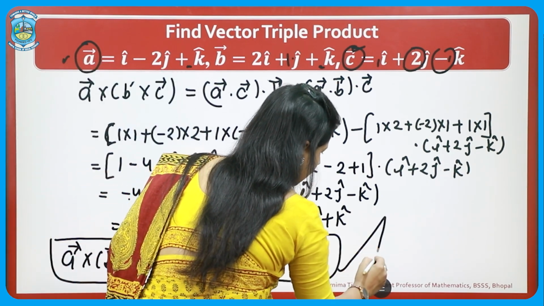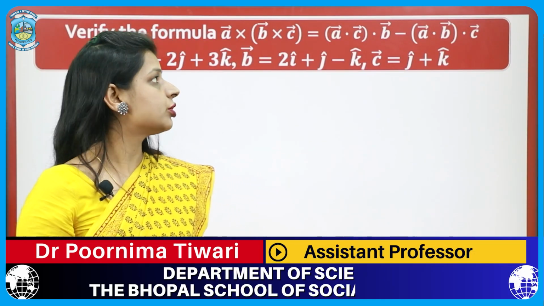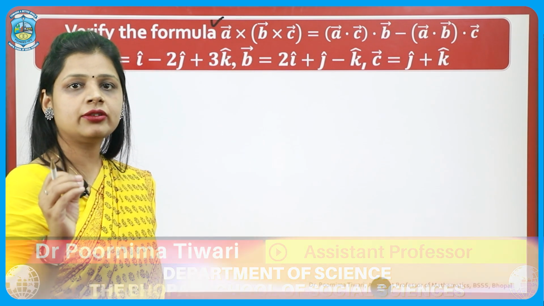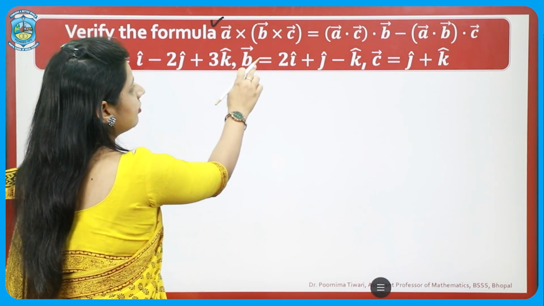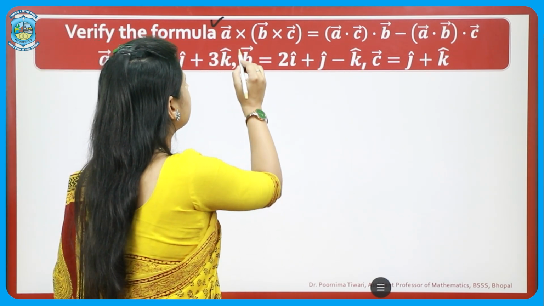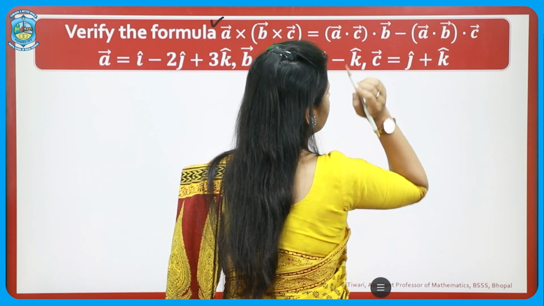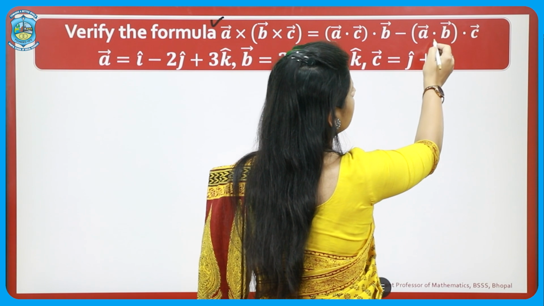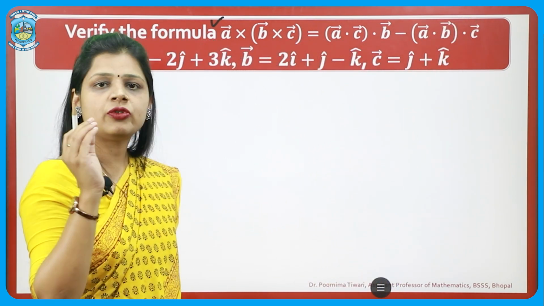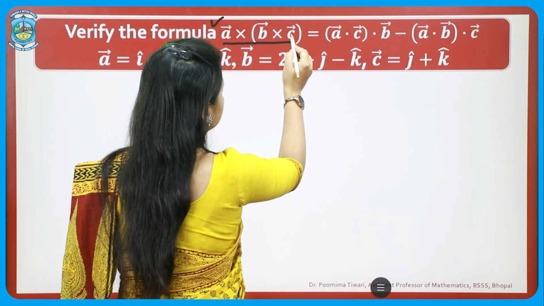In the next question, we will verify our formula for given three vectors A, B and C. That is, here we have to verify that the vector triple product is (A dot C) B minus (A dot B) C. To verify this formula, we will solve both sides.